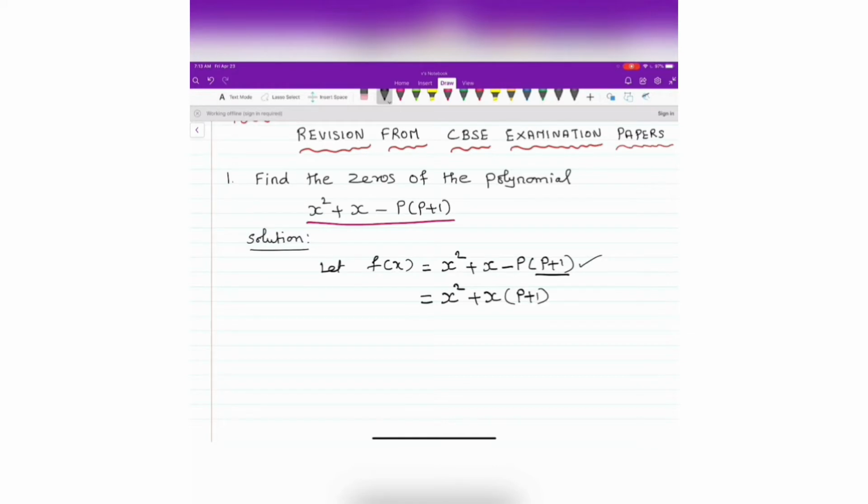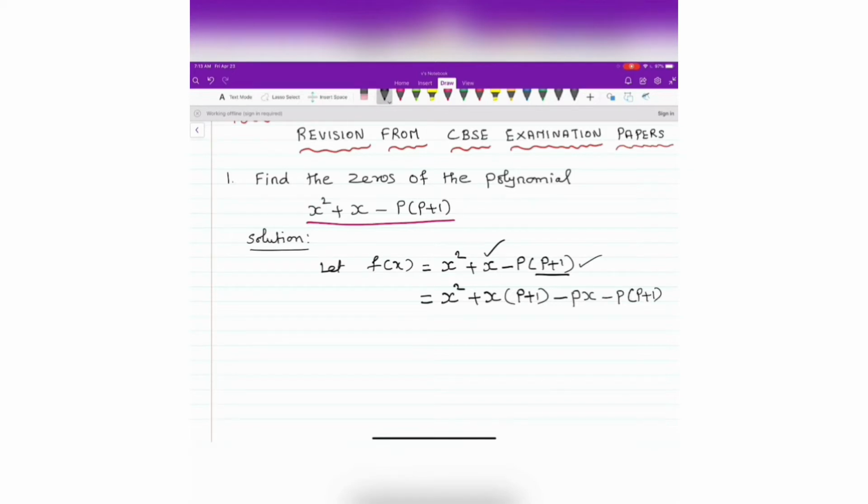By doing it, you will be getting px plus x. But x is here, there is no px term at all. So, you have to now subtract that particular term. That's all, very simple. Then, write the constant term as it is, minus p into p plus 1.